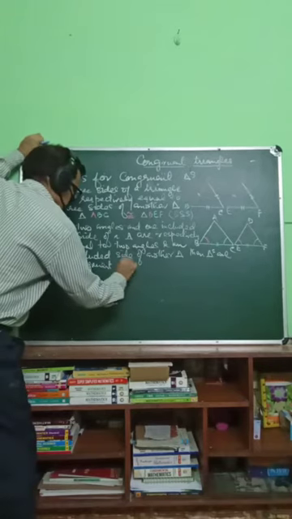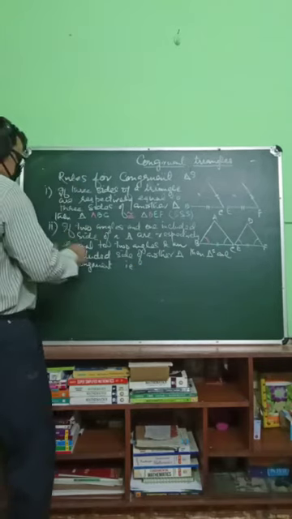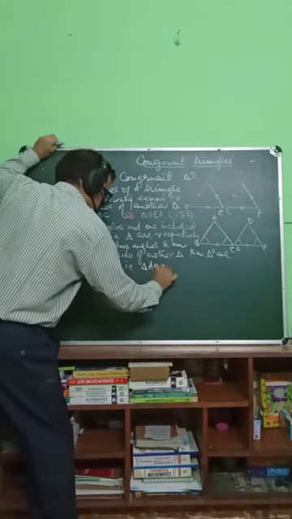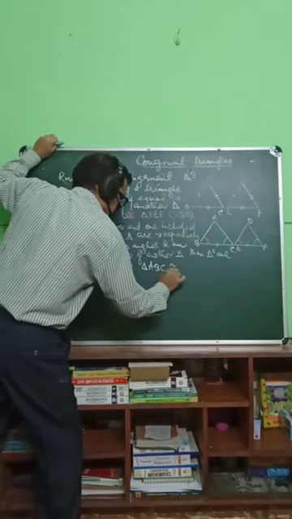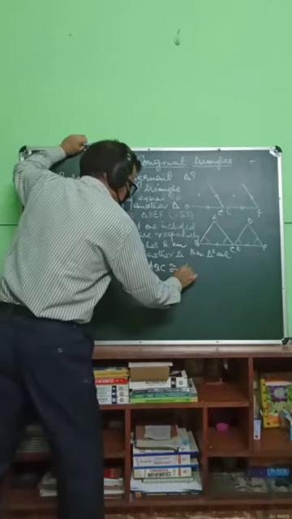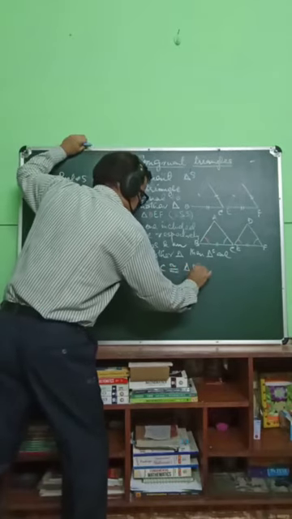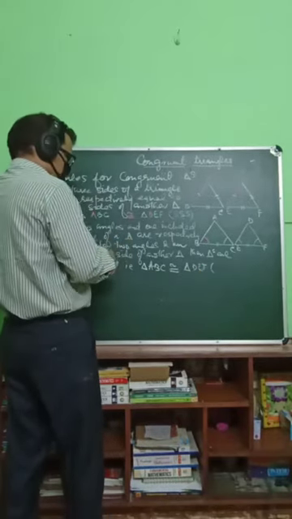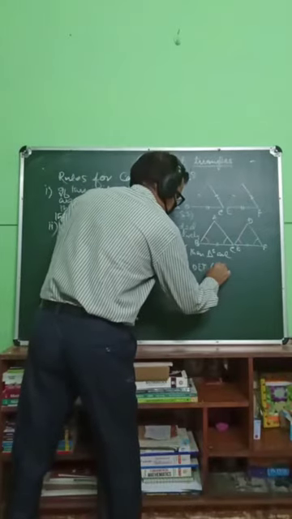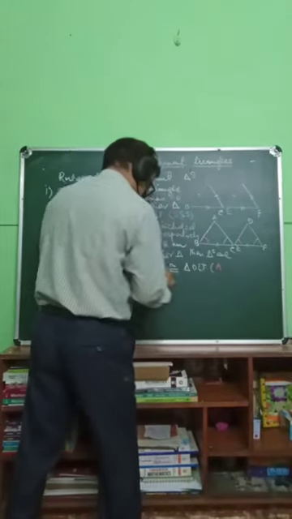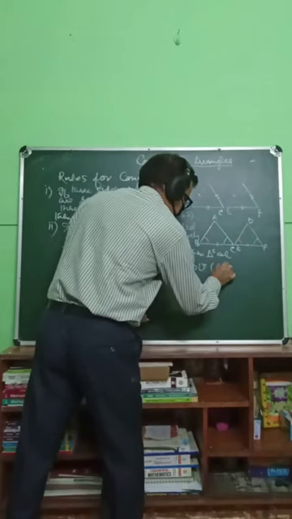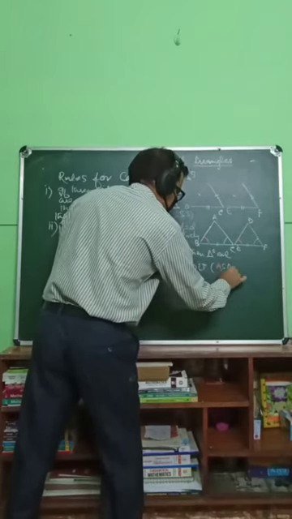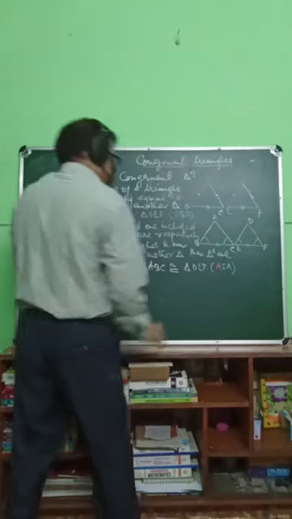That is, triangle ABC is congruent to triangle DEF by the rule of angle side angle.